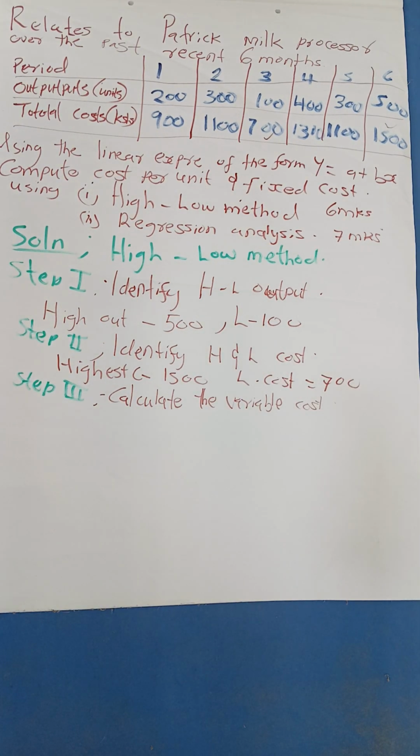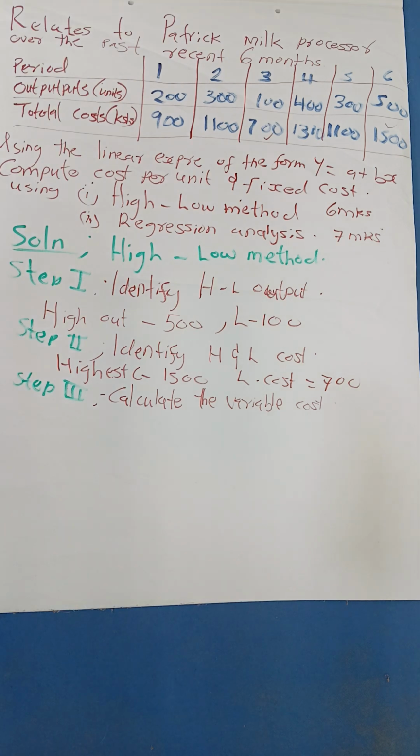The variable cost will keep changing depending on the level of the activity you are doing. It's not fixed, unlike the fixed cost, which is always constant. It cannot change depending on what you are doing. It will never change.